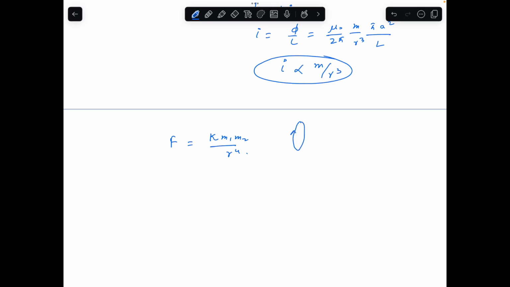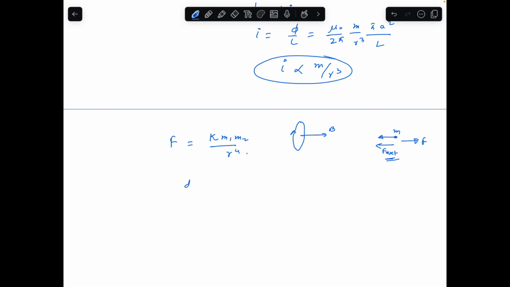Now for this, due to induced current, the magnetic field will repel, right? Due to dipole moment, magnetic field on this side, and due to induced current, it will repel. Correct. So what will happen? There is a force in this direction. So I have to apply some external force opposite to it to do the work. So my work done will be work done against the force of magnetic field.